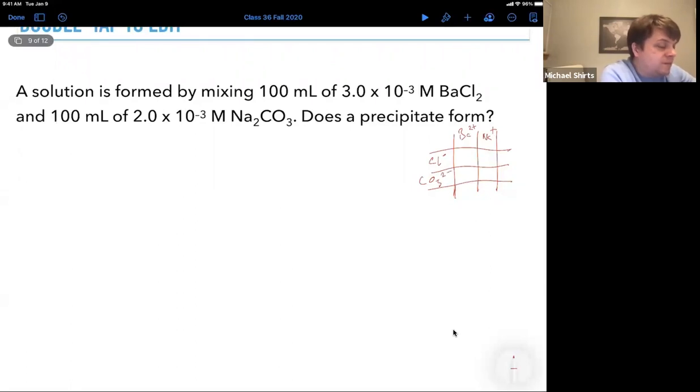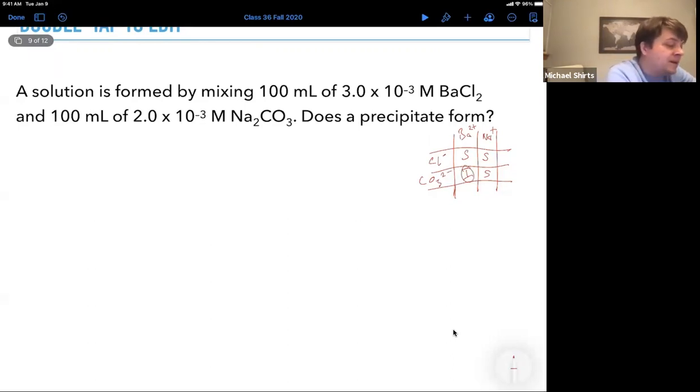Okay, so barium chloride, if we follow the rules, it's chloride, it's soluble. Sodium chloride is of course soluble. Sodium carbonate, it's a group 1 metal, so it's going to be soluble. Barium carbonate, however, we can look up and we can see that it is insoluble if we follow the rules. Most carbonates are insoluble, and barium is not one of the exceptions. So that is the one that's insoluble.